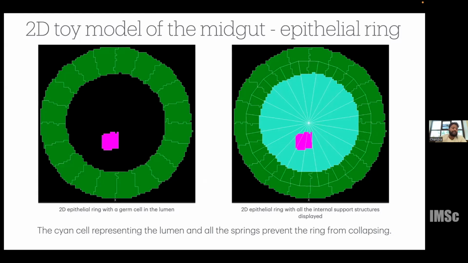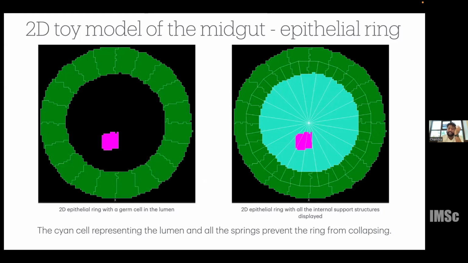Ideally we want a ring of epithelial cells and a germ cell somewhere in the middle, with a radial pull, and these things exit. The problem is that the green cells, which are the epithelial cells, have very strong adhesive affinity.